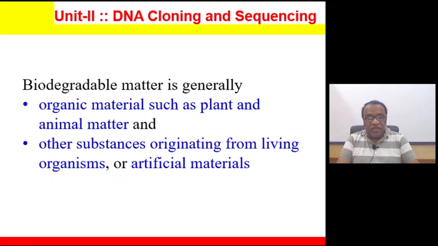Biodegradable matter is generally an organic material such as plant and animal matter, and could be other substances originating from living organisms, or artificial materials, say for example oil, PCBs, that is polychlorinated biphenyls, PAH, that is polyaromatic hydrocarbons, radionuclides, and metals.